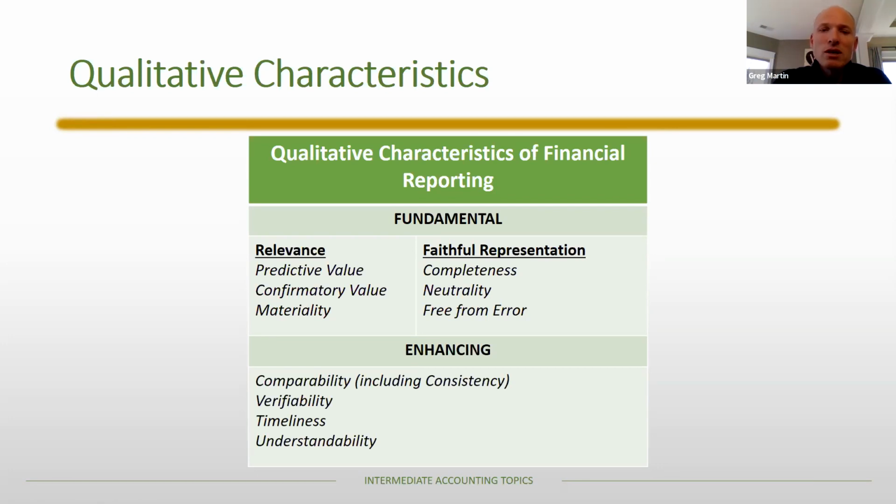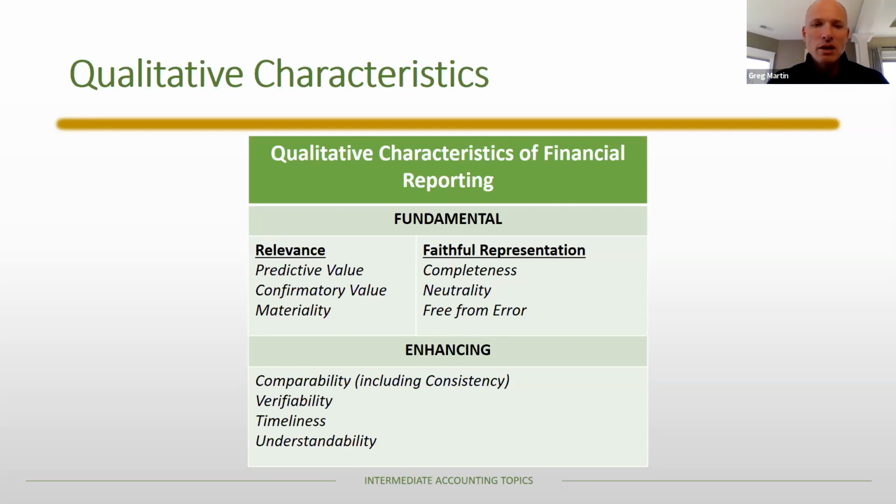And then consistency is basically using the same accounting rules. And so, if you're going to account for property, plant, and equipment, well, everybody needs to consistently apply the same rules that hopefully facilitate comparability. And then verifiability basically means that the information can be checked.